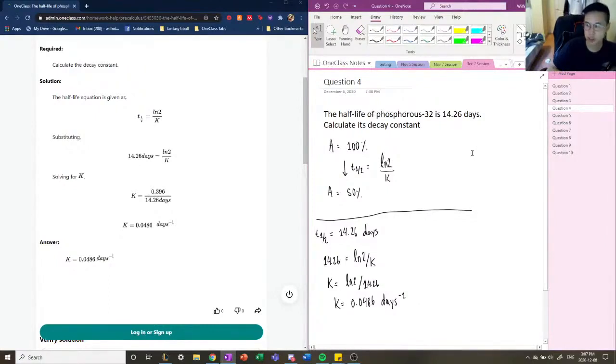I just wanted to connect the relation between mathematics and chemistry here, and I thought it was also a cool question because it was included in the mathematics section for some reason. So that's how you calculate the k constant. And the half-life of any material is the time it takes for a substance at 100% capacity to decay to 50% of itself.